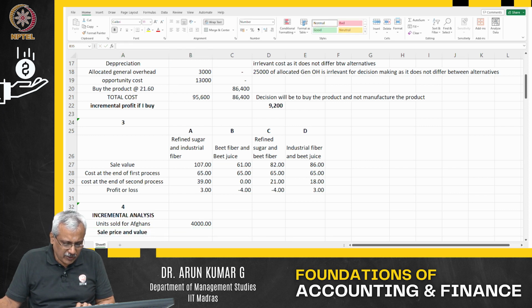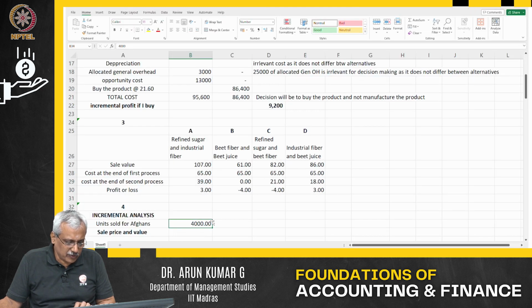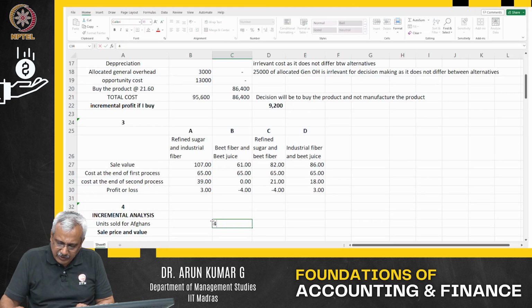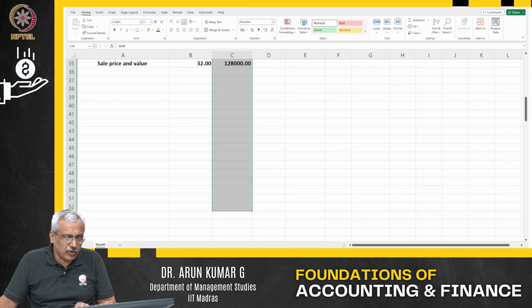As you saw, the price per unit is $32, for 4,000 units. So that is this into my number of afghans, about 1,28,000 if I sell 4,000 afghans.